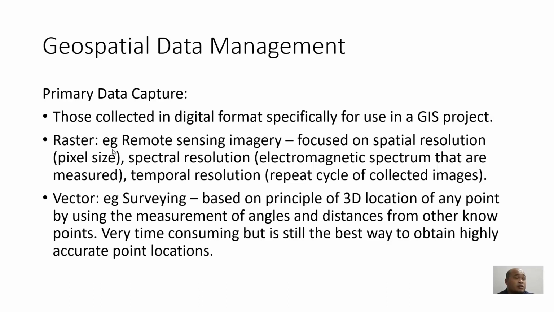If I'm not mistaken, the freely available satellite images that can be used have about 20 electromagnetic spectrum bands. So you can study a broad range of whatever is happening on the surface of the earth. All right, let's move on.